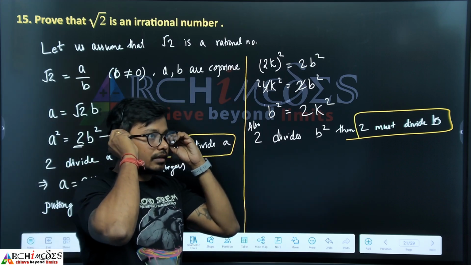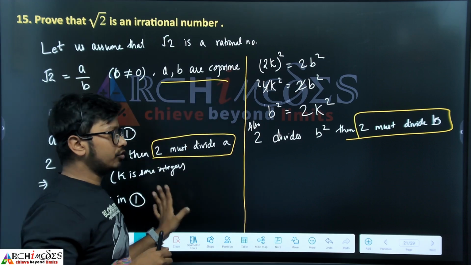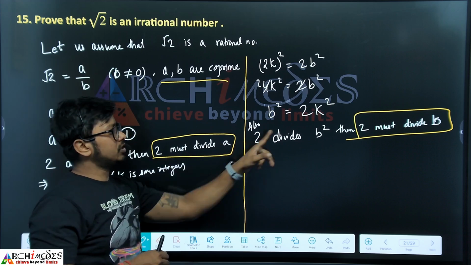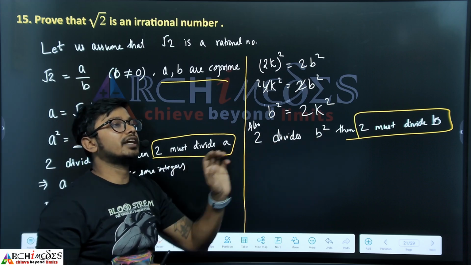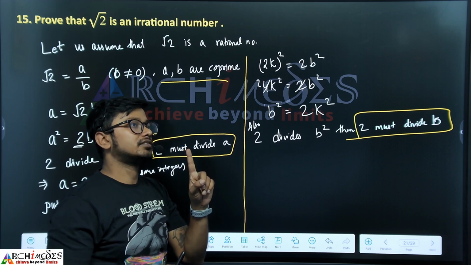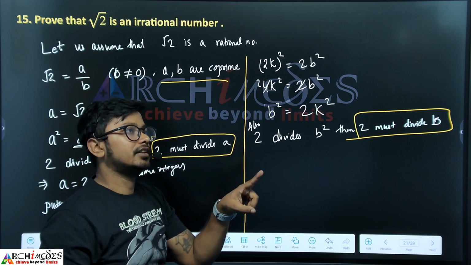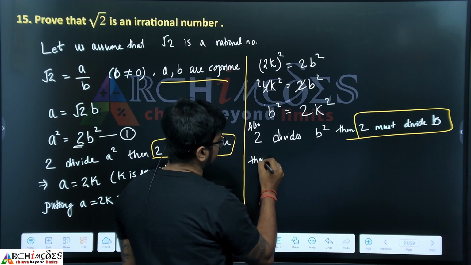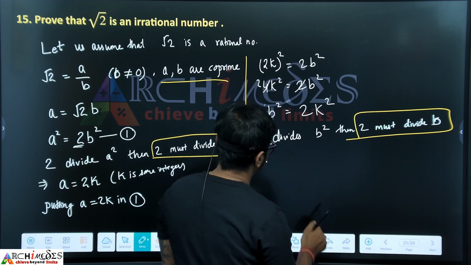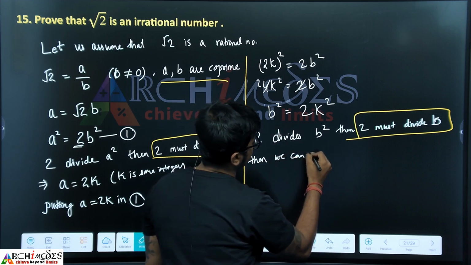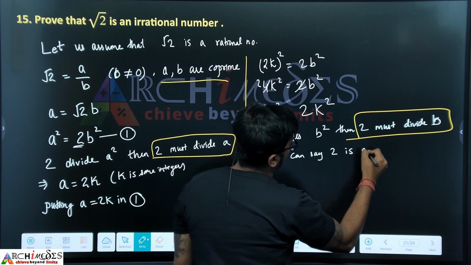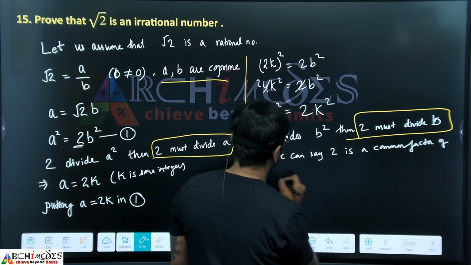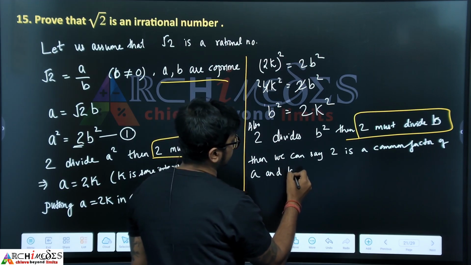Yes or no? Because we assumed that a and b are co-prime, but according to this method we see that 2 divides a and 2 also divides b. What can we conclude? 2 is a common factor of a and b, so a and b cannot be co-prime. Therefore, 2 is a common factor of a and b.